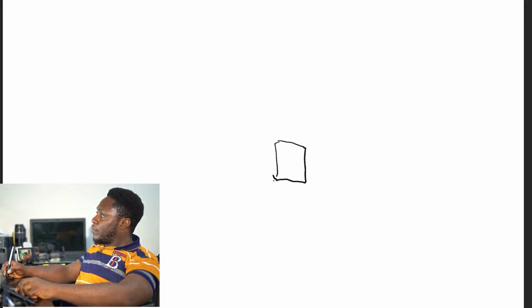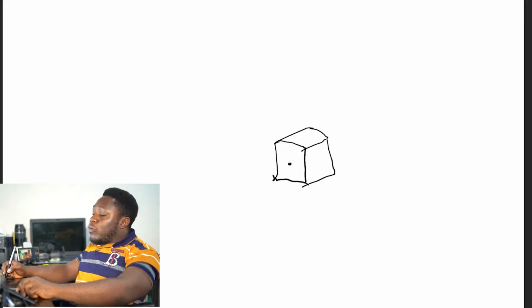Now, a pinhole camera is like this. It's kind of a box. Don't mind my drawing. So kind of here, and then you have a pinhole here, a small hole.